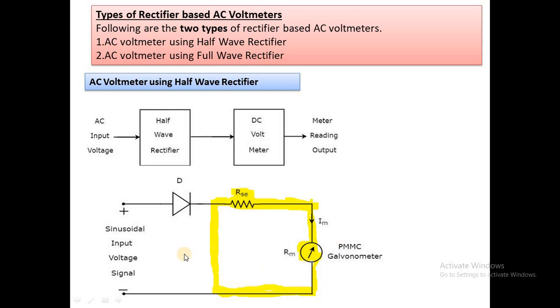If you want to obtain the AC voltmeter using a half wave rectifier, we insert one diode. Here we give the input signal, and we have the PMMC galvanometer, which is just the indicating device. Rm is the internal resistance, and Rs is the multiplier resistance.